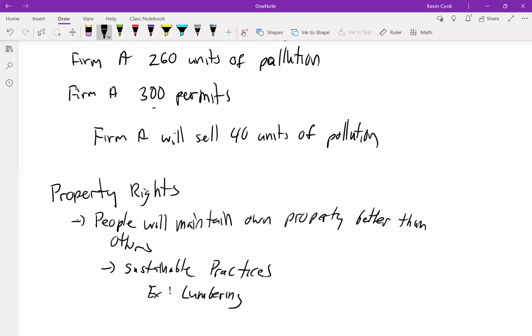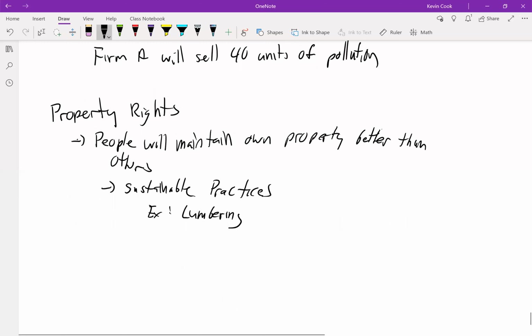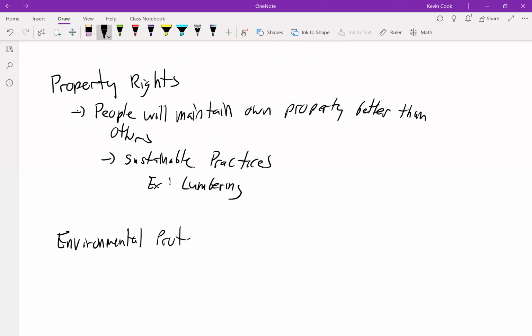So as we keep going through the environment, we can look at environmental protection through a marginal analysis lens.